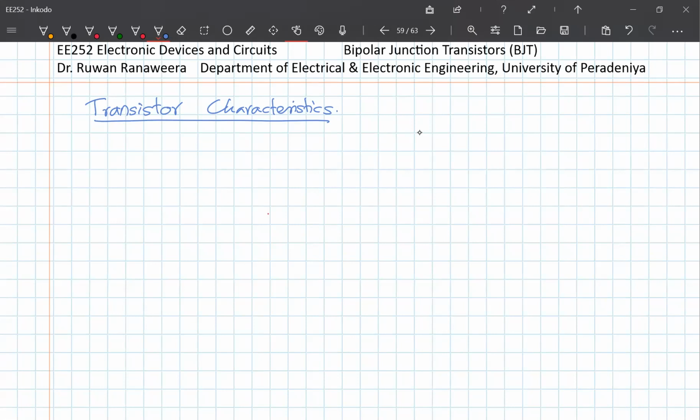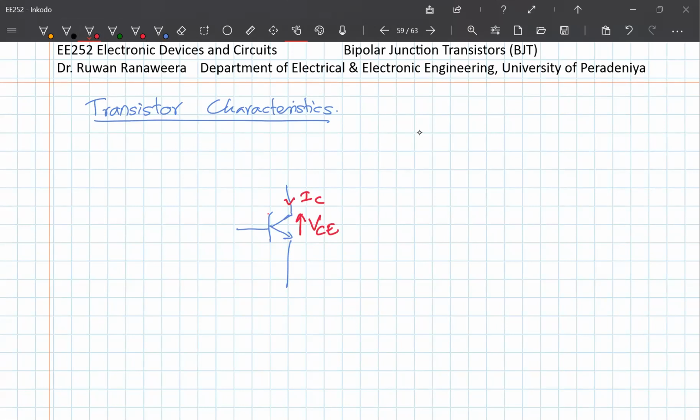So in order to figure that out, you have the transistor. What we want is to see the relationship between VCE and IC under different conditions.